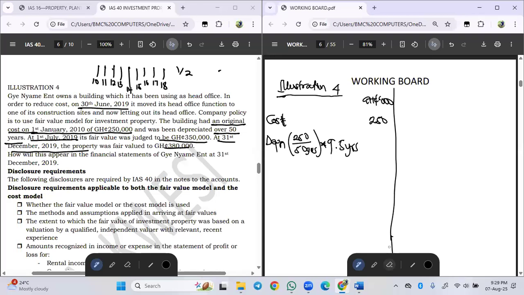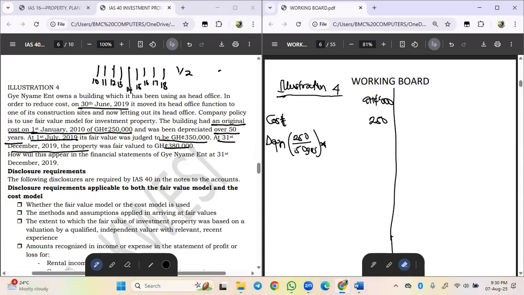But when you are preparing the extracts, you will need the depreciation for 2019 alone, which is half of the year. Whenever the reclassification is in the middle of the year, first prepare from the original cost to the year end, then prepare the half separately, because the half is what you are going to show in the extracts.